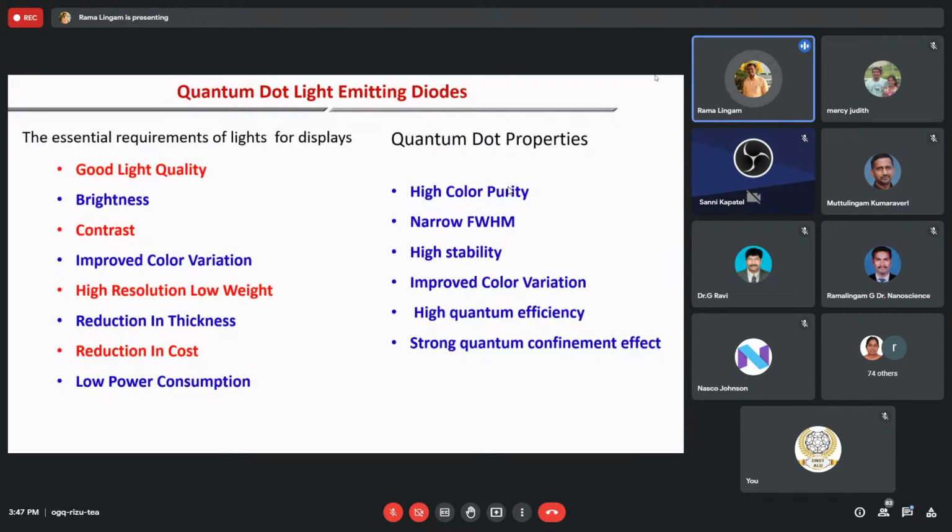Quantum dots play an essential role in displays: good light quality, brightness, contrast, improved color variations, high resolution, low weight, reduction in thickness, reduction in cost, and also low power consumption. These are some of the advantages we can focus on in QLEDs.